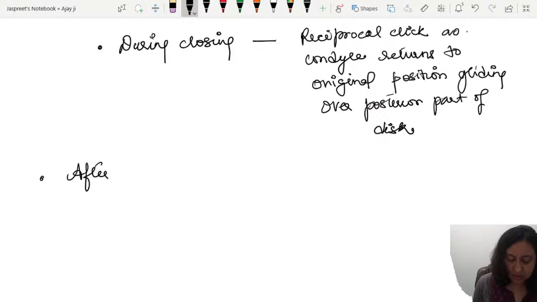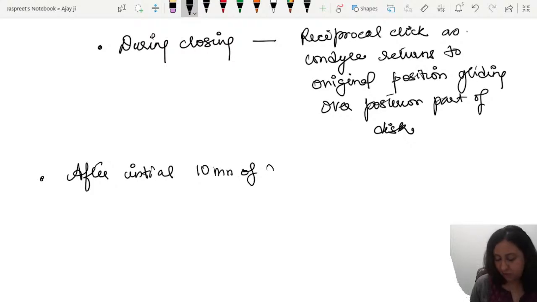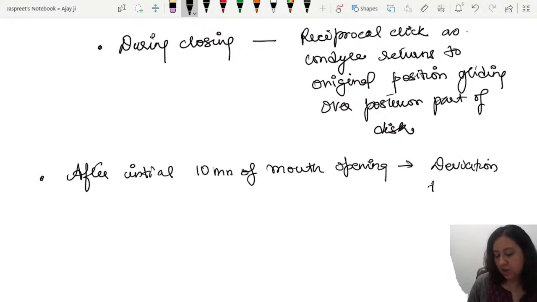Another one, please write down: after initial 10 mm of mouth opening, there is deviation to affected side.